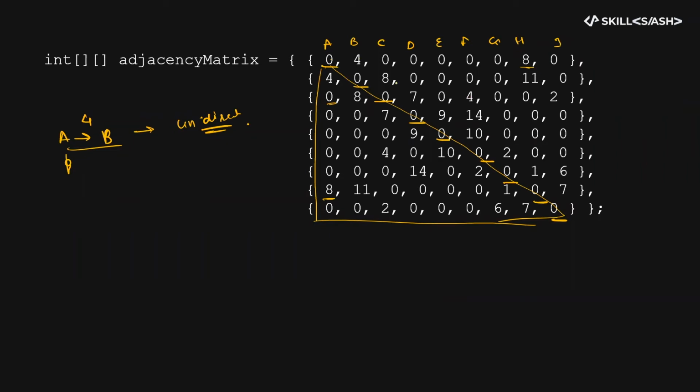All the values are the same in the upper triangular and lower triangular, so that's why it's an undirected graph. If it had been a directed graph, then it could be like this: A to B 4 and B to A null. So that can be some other value, right? So the matrix representation works like this for directed or undirected, weighted or unweighted graphs.